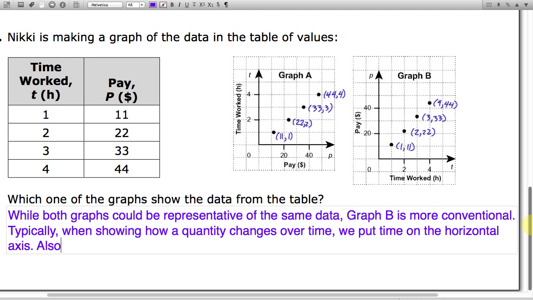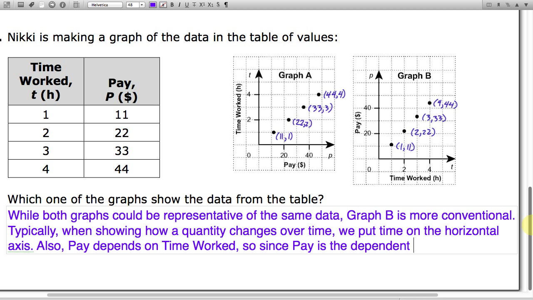The other thing, also, pay depends on time worked. So since pay is the dependent variable, that is to say, it depends on the time worked, it goes on the vertical axis.